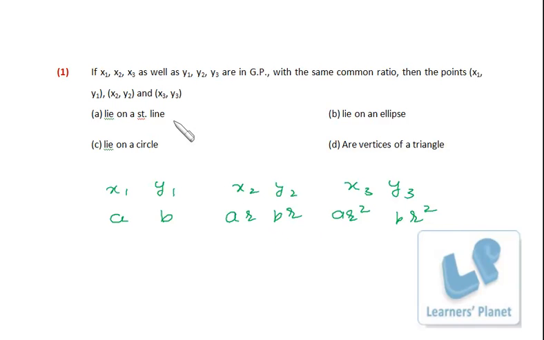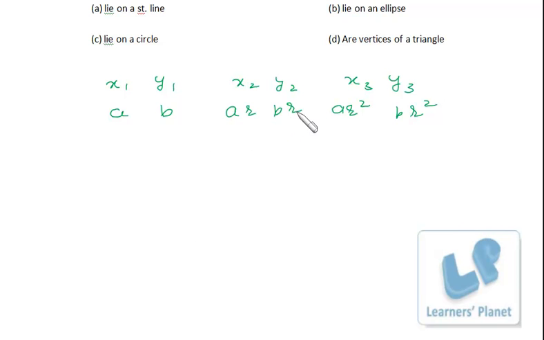Now we have to find out whether they lie on the same straight line, lie on an ellipse, lie on a circle, or are vertices of a triangle. So first of all we find out the slope, so it will be easy for us to decide whether the slopes are equal or not.